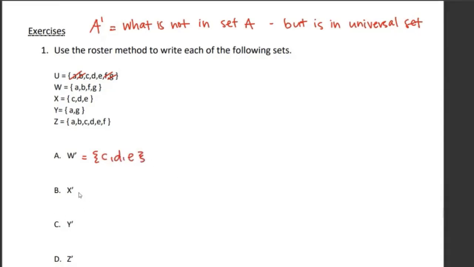Okay, same thing for the complement of X. The complement of X has the letters C, D, and E. We can mark those out, and we're left with A, B, F, and G. Okay, the complement of Y, so we'll do the same thing.